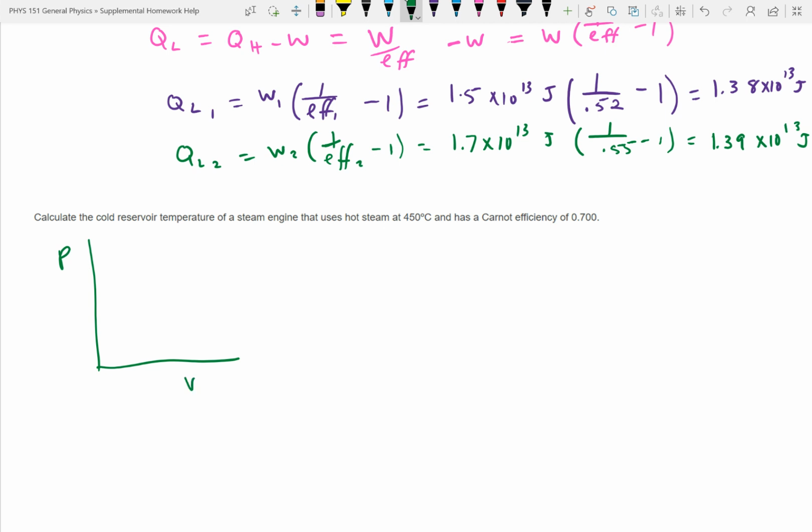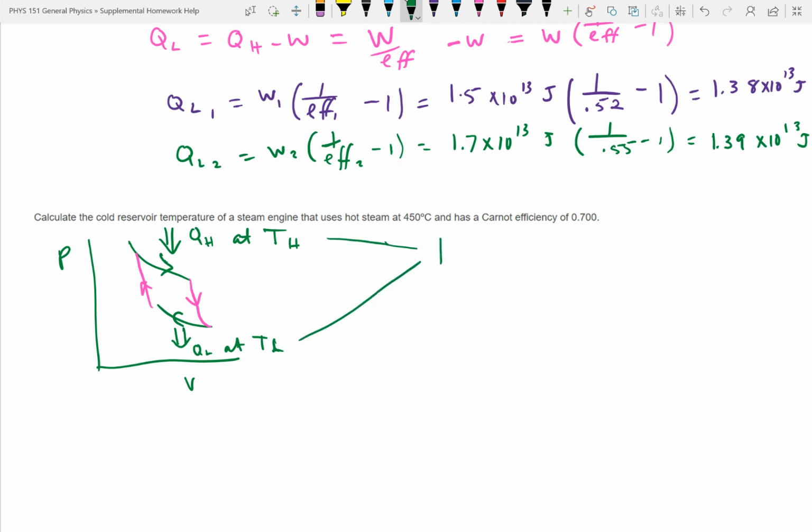Okay, so the Carnot engine is using a Carnot cycle, which on the PV diagram is something like this. So these two that I did in green, notice it says at TH and at TL.